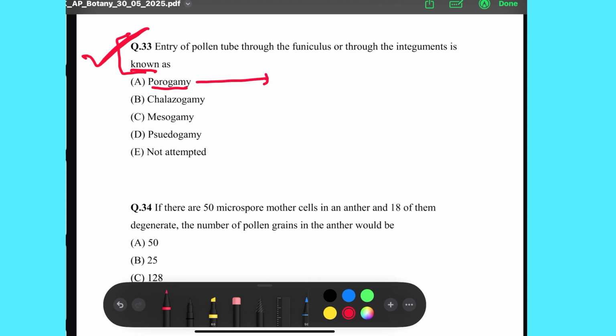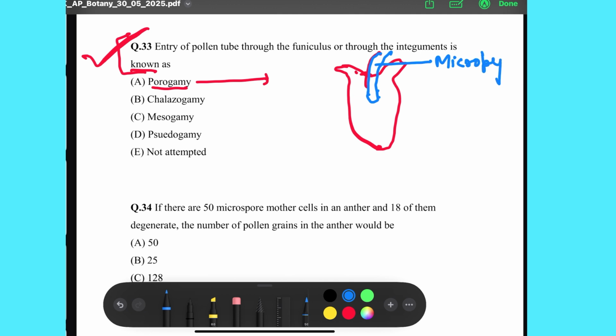Porogamy means, like, if I draw here, suppose this is the embryo sac structure. So the pollen tube enters through the micropylar end. Suppose this is the pollen tube. When it enters through the micropylar end, it is called porogamy.